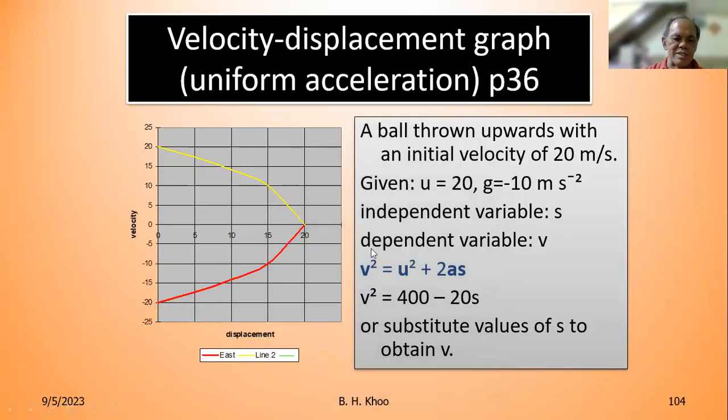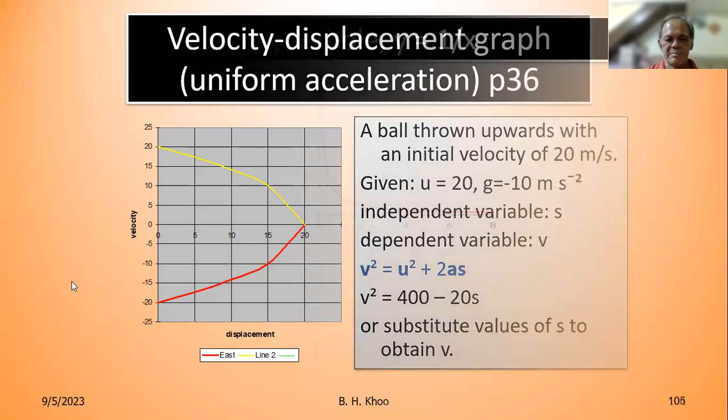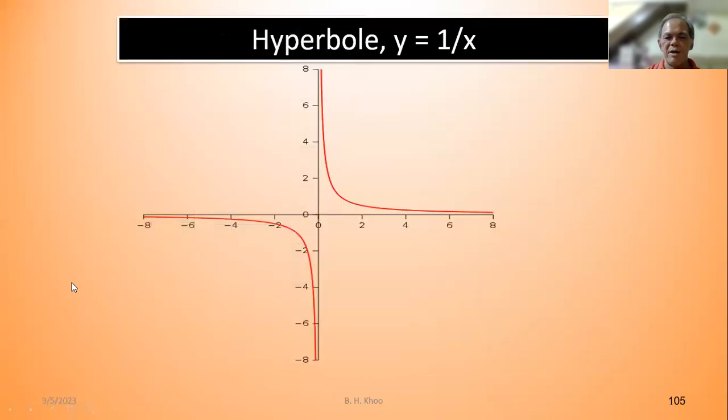Okay, so that is how the graph looks like, a parabola of V squared equals 400 minus 20S, where S is the displacement. It's a hyperbola, y equals 1 over x.